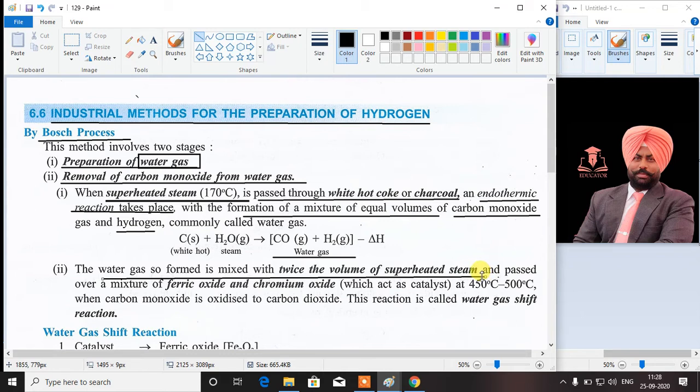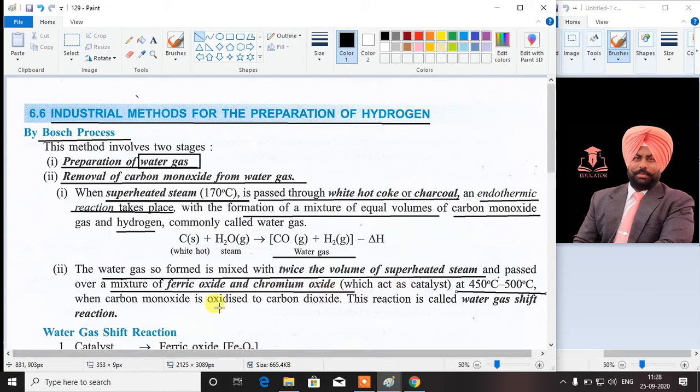When these two are mixed together, the mixture is passed over ferric oxide and chromium oxide. The temperature should be 450 to 500 degrees Celsius. Here, ferric oxide and chromium oxide act as the catalysts.